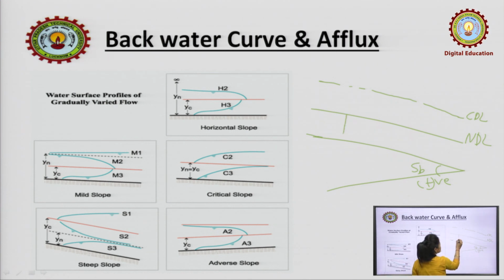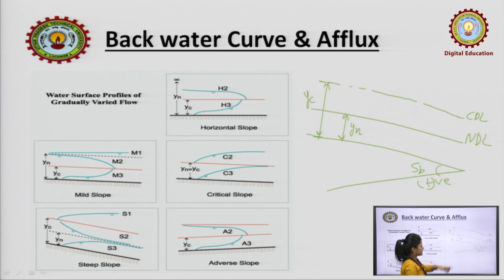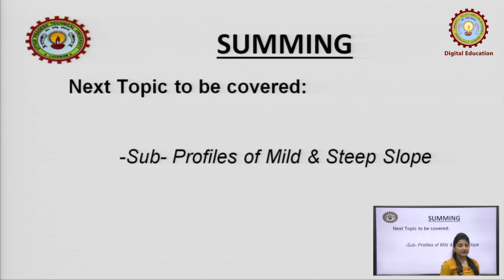Here you can see this is your Yn and this is your Yc, that is, your normal depth line is less than your critical depth line, and this particular section will be known as steep slope. This is your NDL, normal depth line, and this will be the critical depth line.